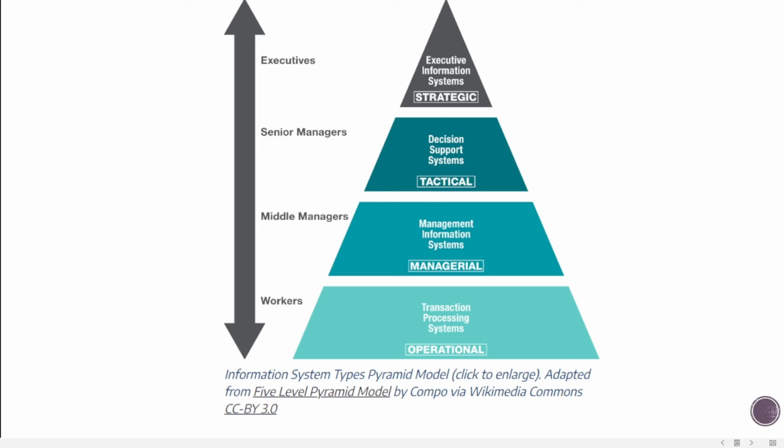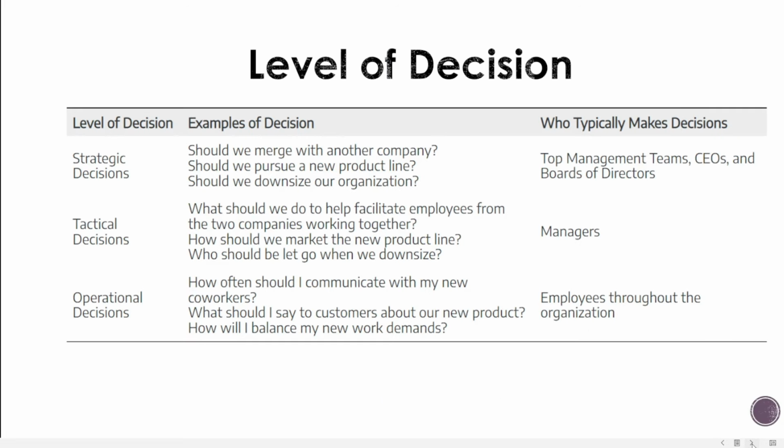And with these various types of information system being used in each level of management, meron silang mga kaakibat na level of decisions. So we have here strategic decisions, tactical decisions, and operational decisions.